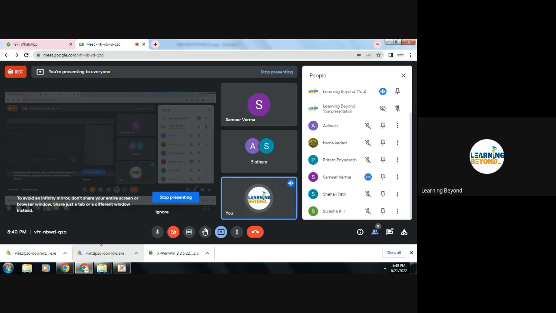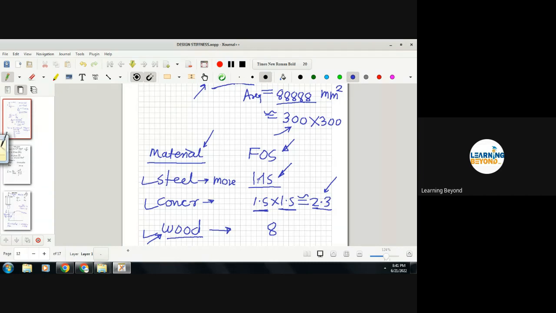Now, let's say our code says the minimum steel percentage for a column is 0.8%. At a certain point, if this value is getting lower, let's say 0.79%, there is a slight problem. This decision you can take on your experience, on your risk, on your judgment.